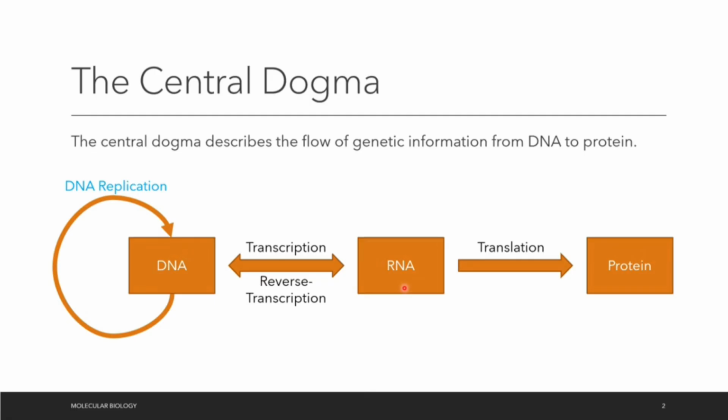Now there's also another process that will actually reverse transcribe RNA back into DNA. This mechanism is used primarily by RNA viruses. They will actually use this mechanism to write their RNA genome into the DNA of the host genome.